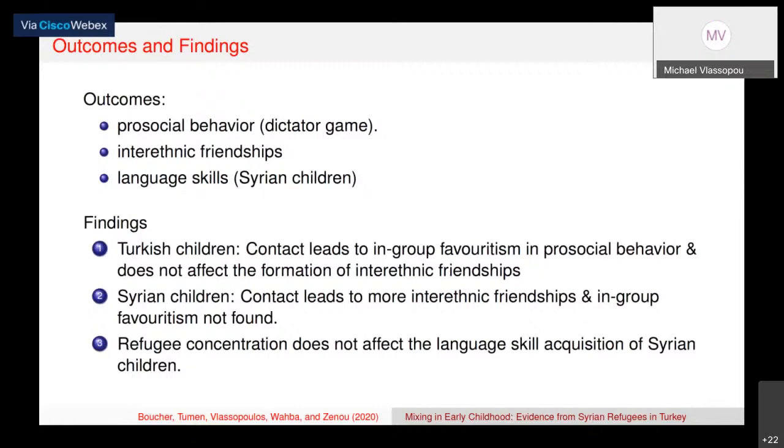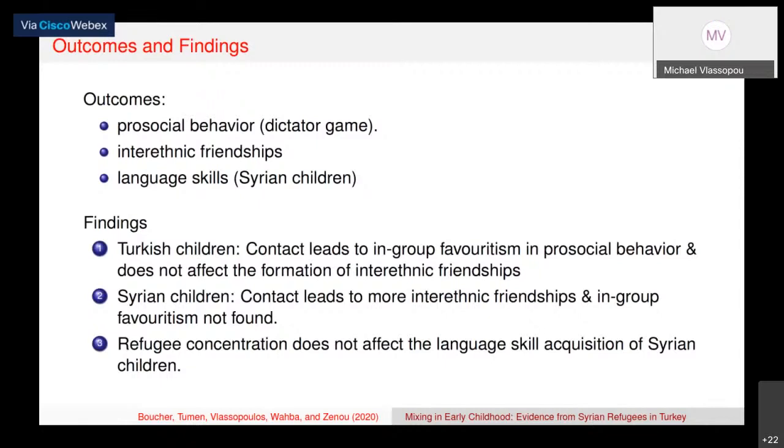And in the dimension of friendship, we find that contact with non-coethnic children does not affect the formation of interethnic friendships. So a higher share of Syrian children in their group doesn't increase the likelihood that a Turkish kid becomes a friend with a Syrian kid.